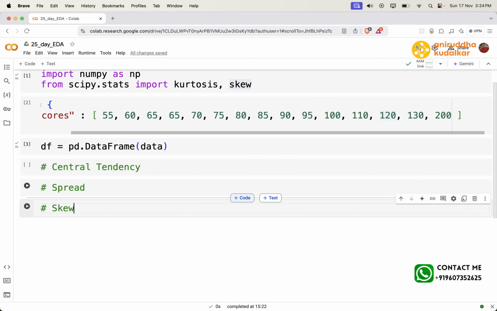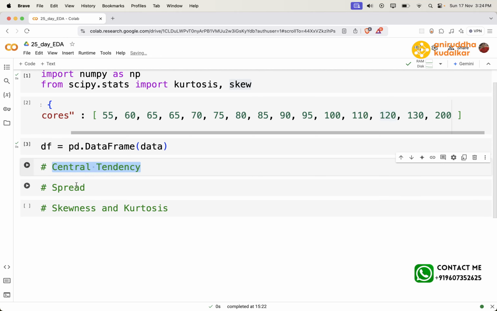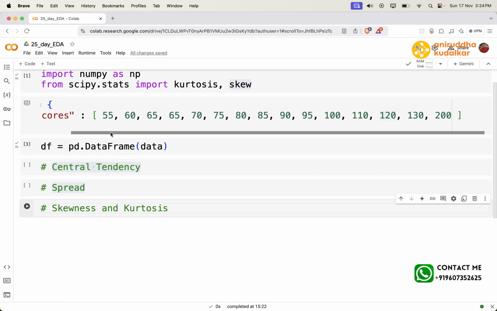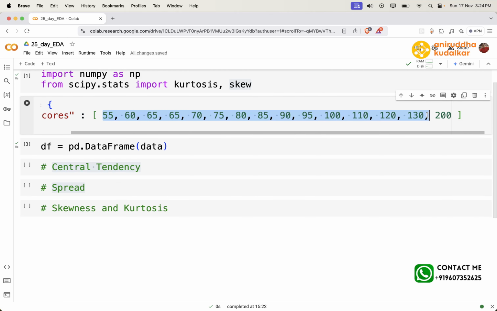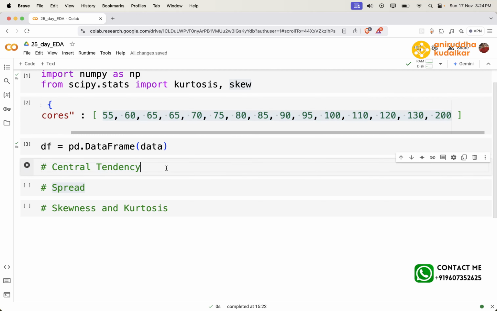Skewness and kurtosis tell you how the data is distributed: normal distribution or something else. You will get to know that by means of these.